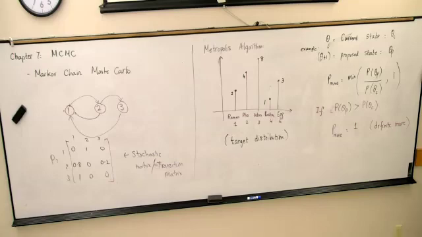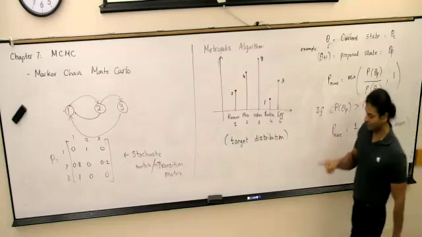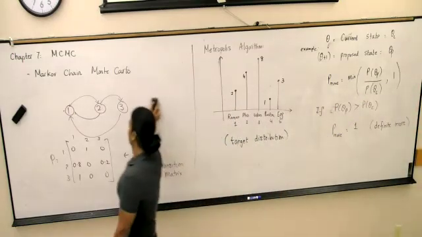So if the proposed state value is bigger than the current state value, this number is going to be over 1. The minimum of those two will be 1. So you will definitely move. Does that make sense? The reason why it's a minimum with 1 is just so our probability doesn't go over 1.